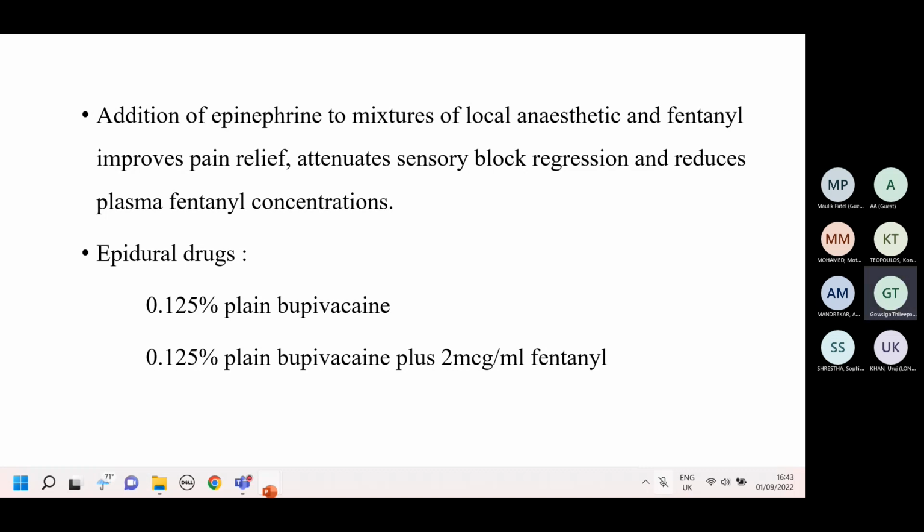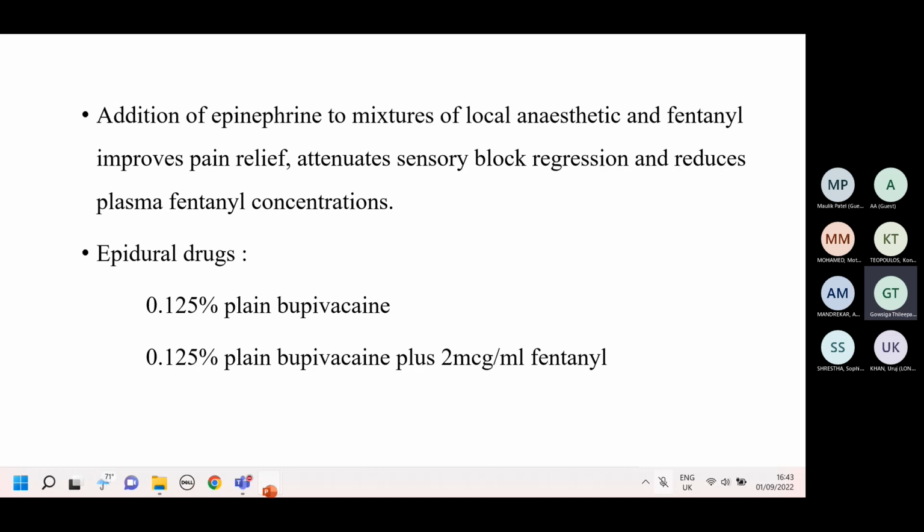in the mixture, it improves the pain relief and attenuates the sensory block regression and reduces plasma fentanyl concentration. So it's an advantage. Usually you are aware about these drugs: 0.1 to 0.125% of plain bupivacaine, or plain bupivacaine plus fentanyl. So we have these pre-filled bags.